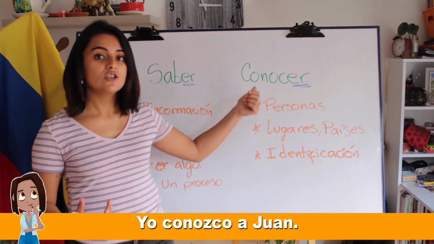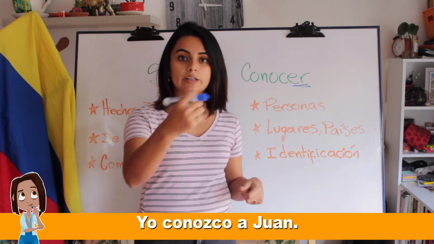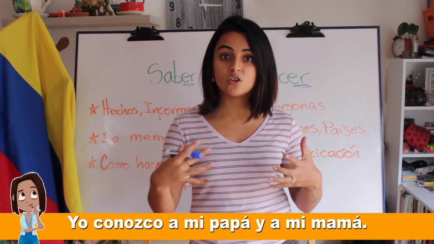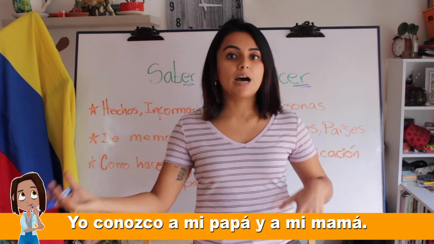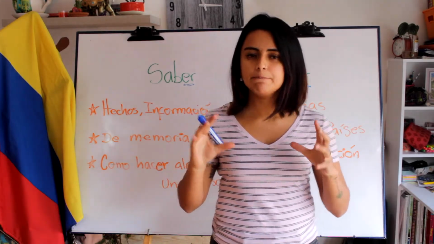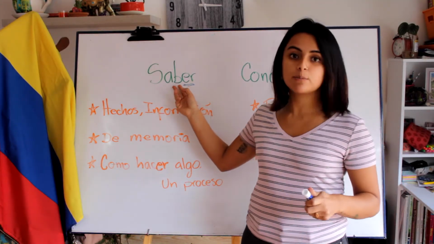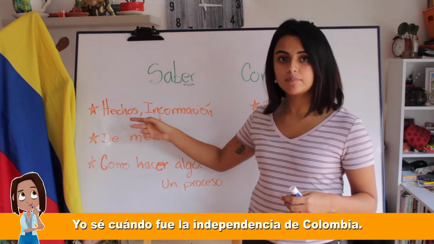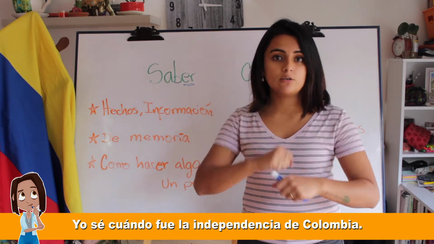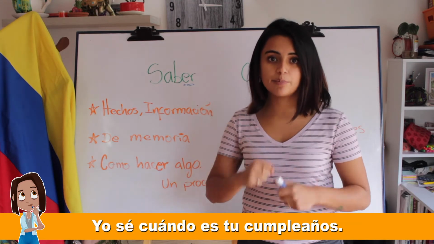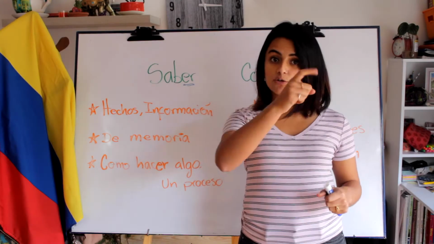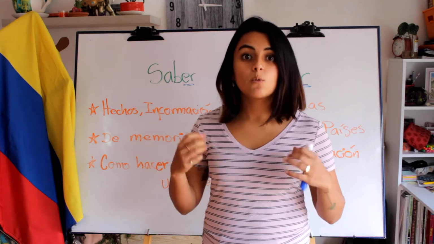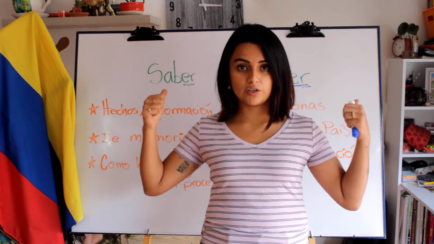For example, yo conozco a Juan, yo conozco a Mariano, yo conozco a mi papá y a mi mamá. ¿Sí? But if I want to use el verbo saber, yo sé cuándo fue la independencia de Colombia, yo sé cuándo es tu cumpleaños. ¿Sí? So these are two different ways to use these two verbs.